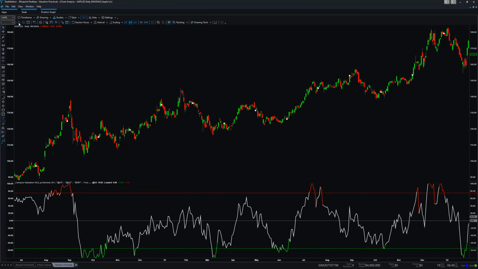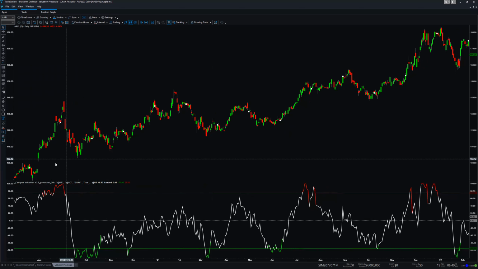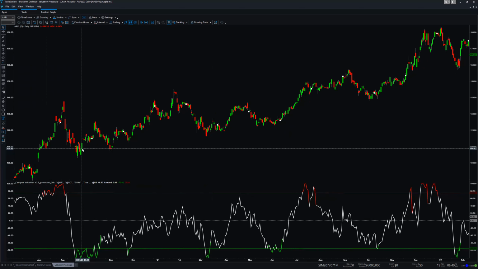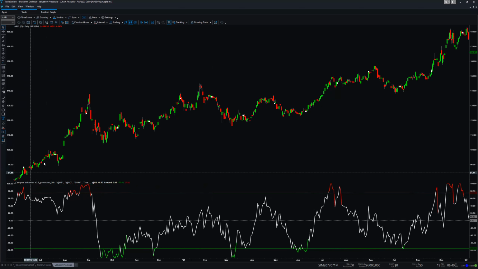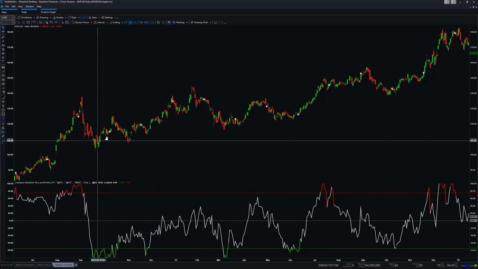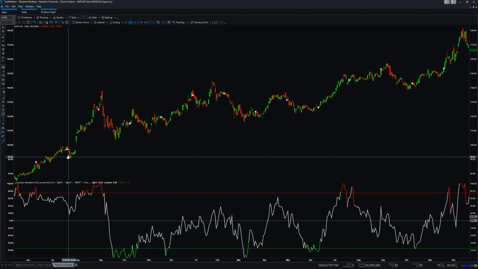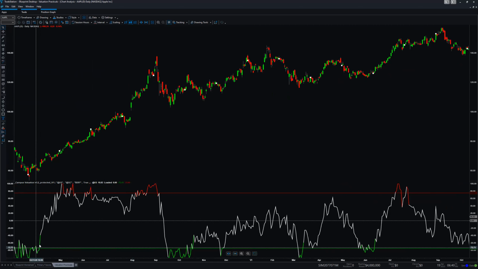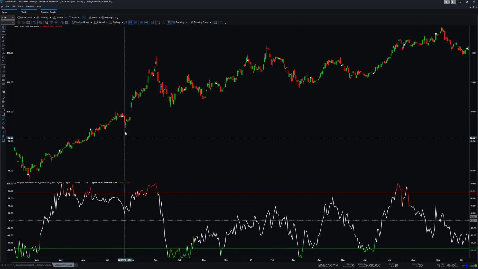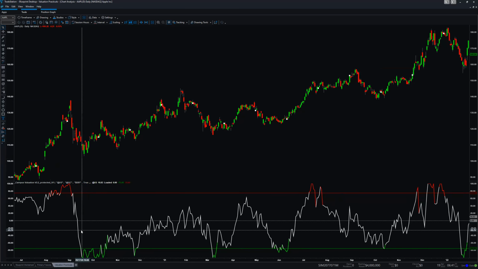All right, so now we're looking at Apple Daily. What we want to do, of course, is first establish what the trend is, right? And without putting in lines or anything, we know this is an uptrend. So we could start from here, or here, or here, but let's just start from the first undervalued reading.